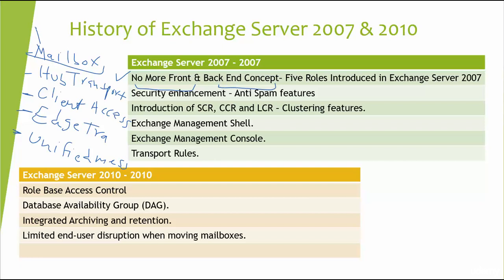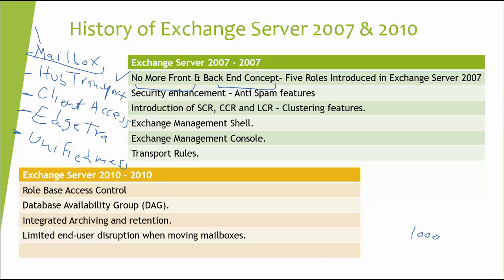So let me quickly give you an example. If you have a company where you have 1,000 user accounts and all of them need a mailbox, and your company says that I can only buy 2 servers to do the implementation of Exchange Server 2007.